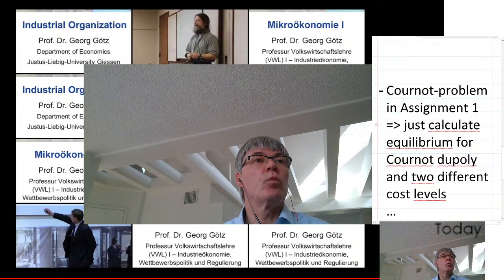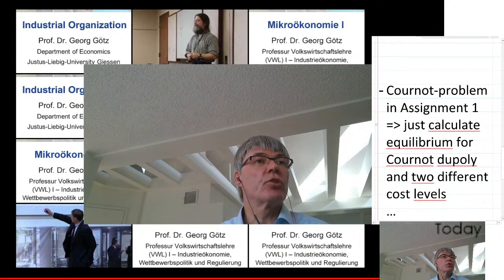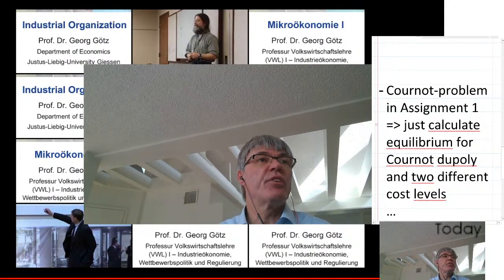Just one note. In assignment 1, you also have a Cournot problem. I did not yet start with the discussion of the Cournot model, but it's actually something you did anyway.